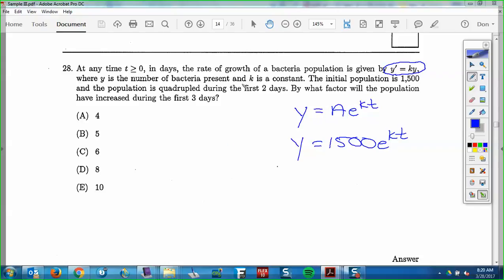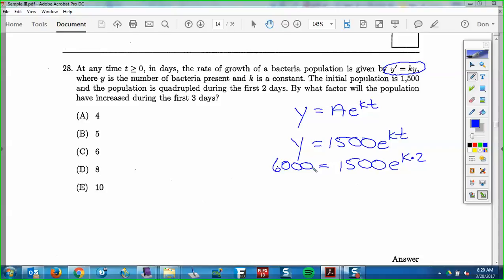And then it quadruples during the first 2 days, so what's that mean? Well, okay. That's the other thing I was going to say, that means it's doubling every day, but let's ignore that for right now. What does it mean for my equation? t is 2. When t is 2, this is going to be 6,000, right?